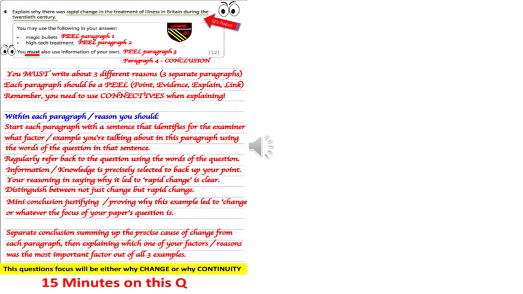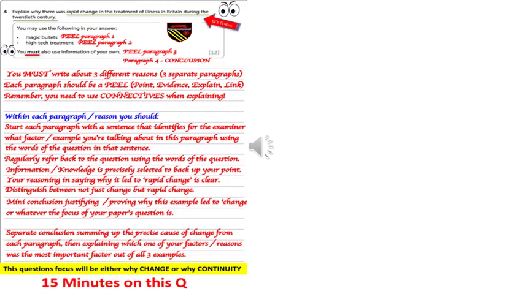Now, you can include a completely separate paragraph. So you could write a paragraph on magic bullets. You can write a paragraph on high-tech treatment. And then you can include a third paragraph on, say, penicillin or robotics. Well, you've got high-tech treatment in there, I suppose. But you can include a third paragraph that is nothing to do with the previous 2.